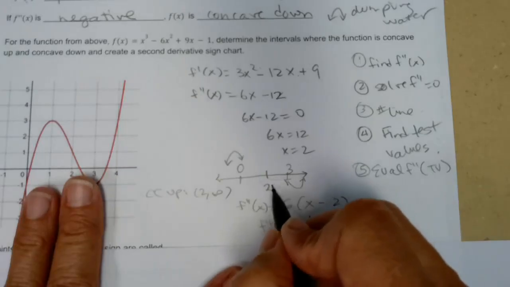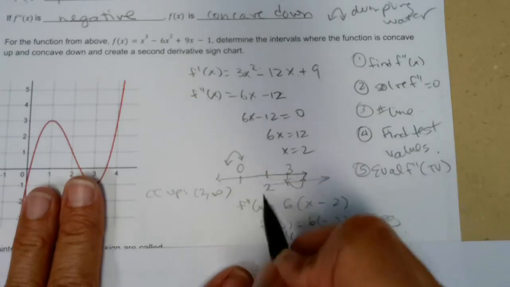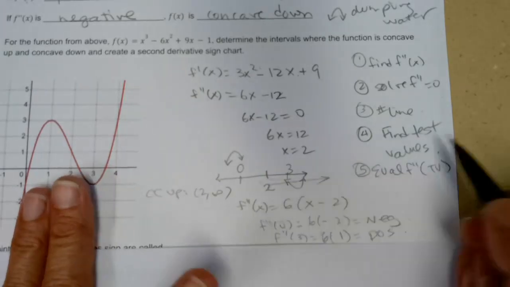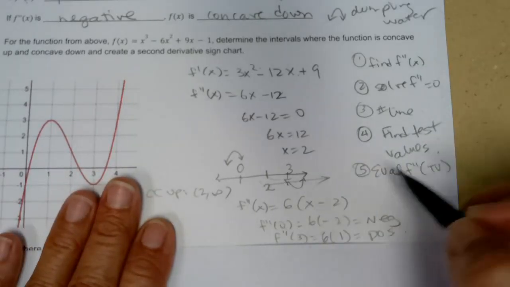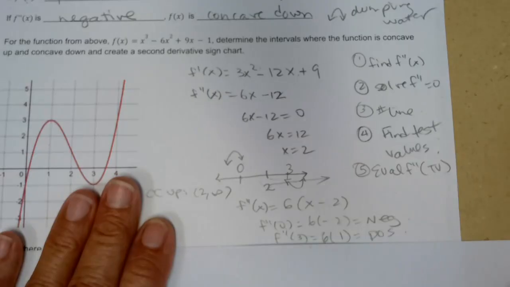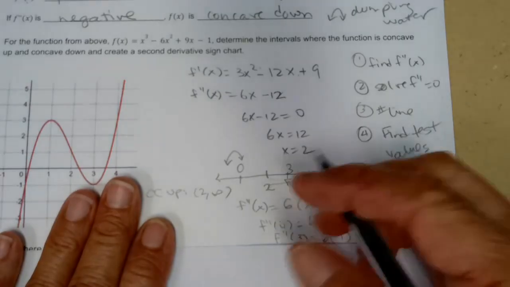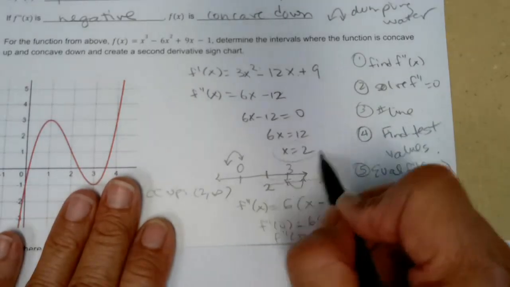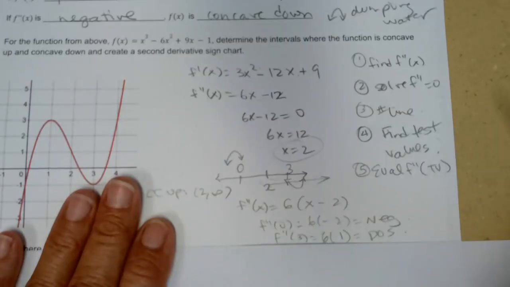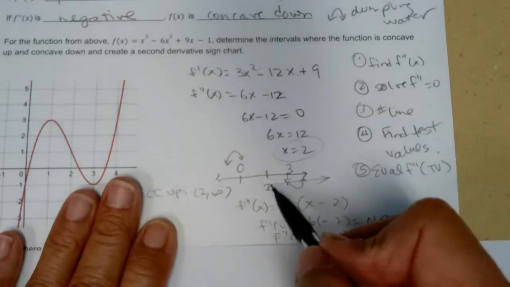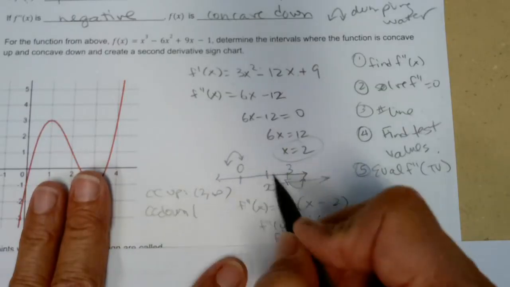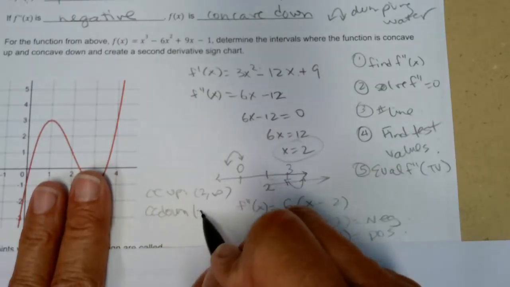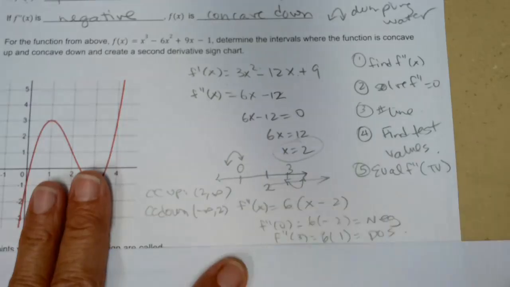Everything from 2 on, because it can't change concavity without going through 0, intermediate value theorem, and I don't have any more zeros. I found the only place where the second derivative was 0. And then it's concave down on the other half, from negative infinity to 2.